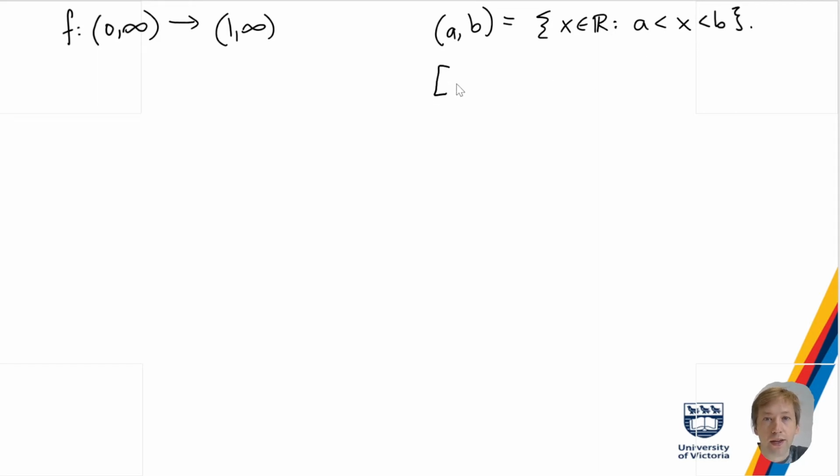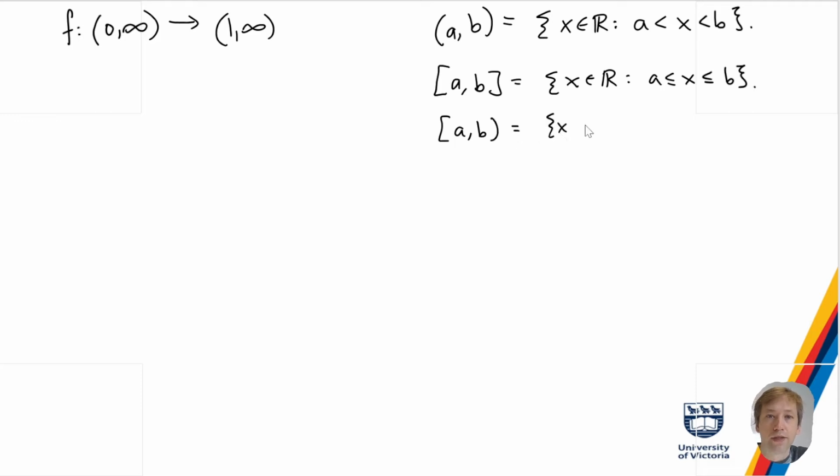If you take square brackets, that means x in R such that x is between a and b and might be equal to them. If you take partially square brackets, that means a similar thing, and maybe for completeness, I'll draw the last one.